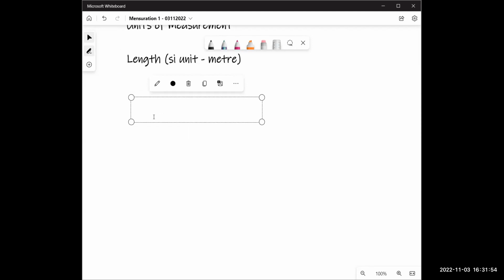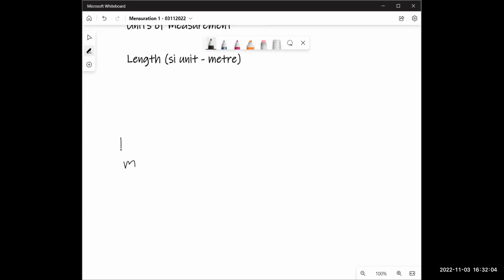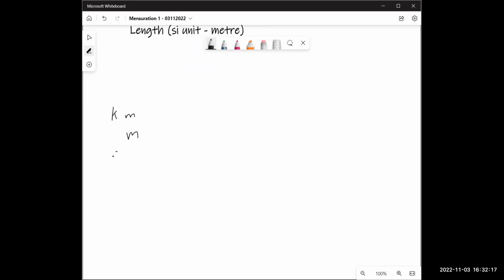How can I use this in my measurements, right? So we have meter, then we have kilometer, and we have centimeter and millimeter.